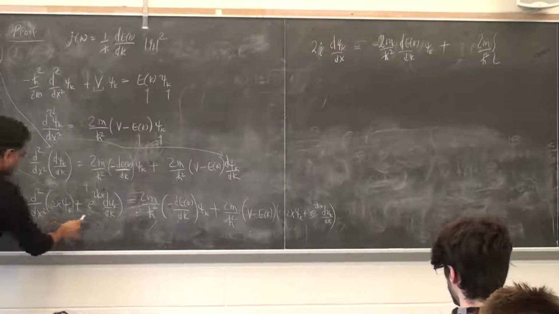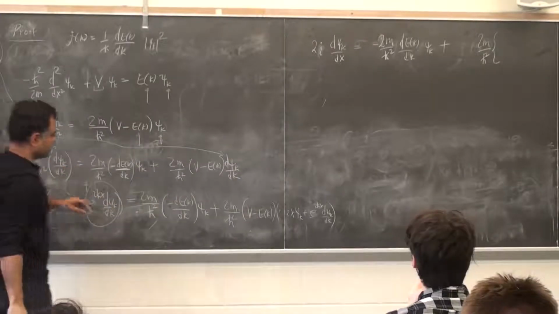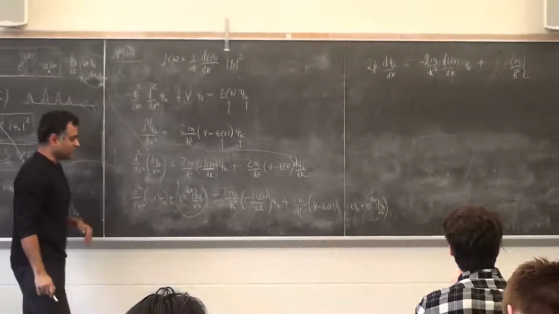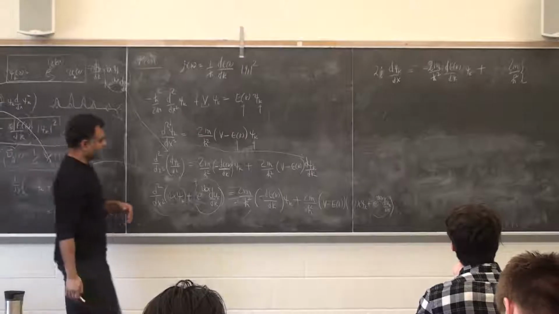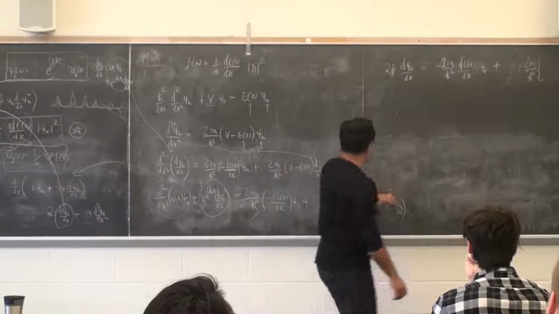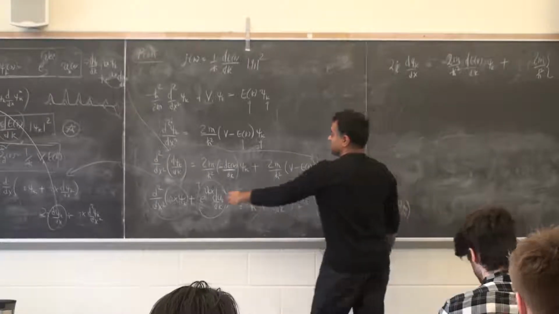Right. So you see, there's an e to the power ikx d u by dk, and there's an e to the power ikx d u by dk. We're going to group them. It's on the right side of here. It is v minus e, just a multiplicative constant. On the other hand, though, it's d by dx here.